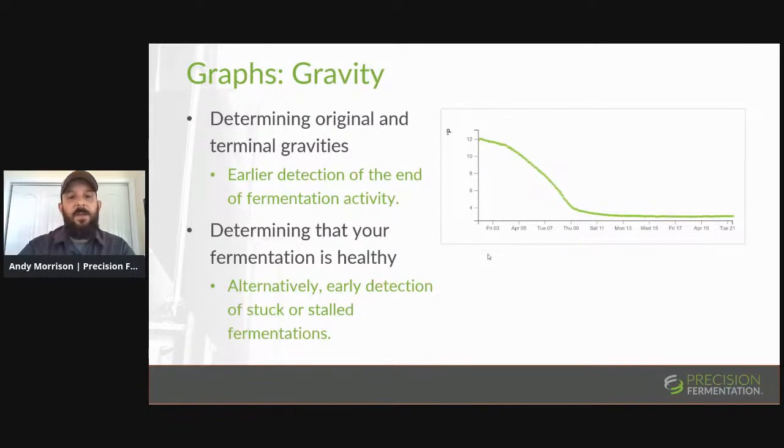What this gives us the ability to do, because we're taking these readings every 30 minutes, is track along and show you this in much finer detail. I'll get into this a little bit more, but it gives you earlier detection of the end of fermentation and early warning signs on stuck or stalled fermentations as well.